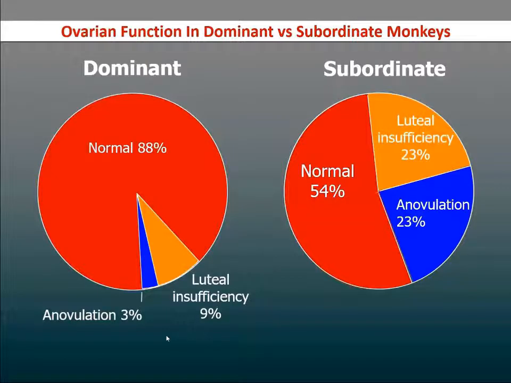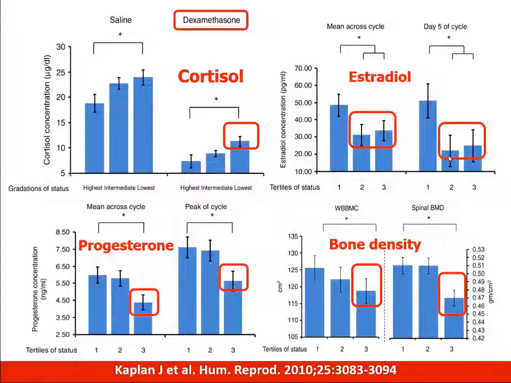So, and this is just to reinforce that the monkey model is relevant. These are dominant monkeys, and their menstrual cycles are about 88% normal. And subordinated monkeys actually have a compromise in menstrual cycle function and also display, as we just showed before, anovulation and luteal insufficiency. That's pretty interesting. And those same monkeys don't suppress with dexamethasone for cortisol.